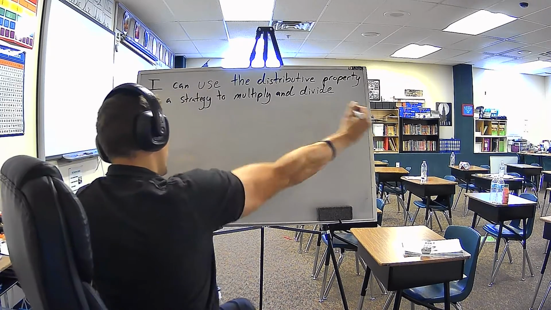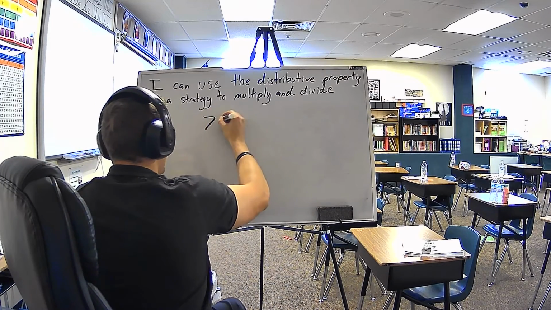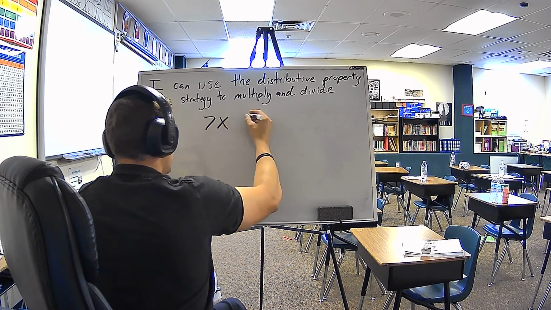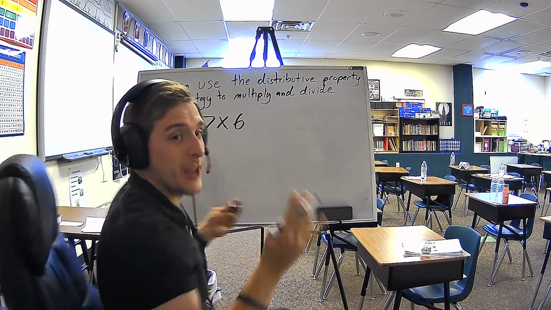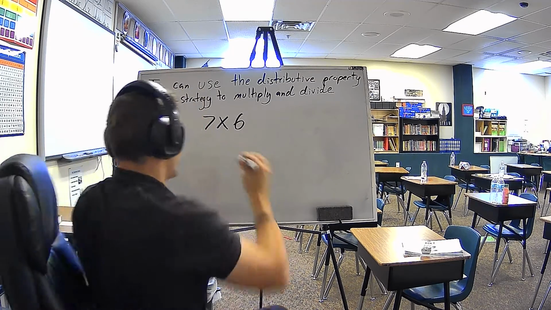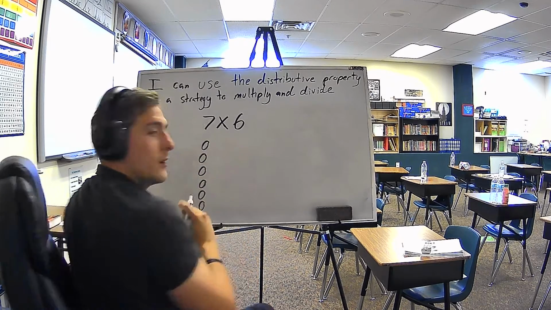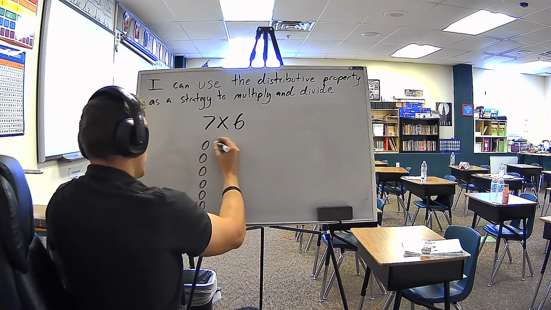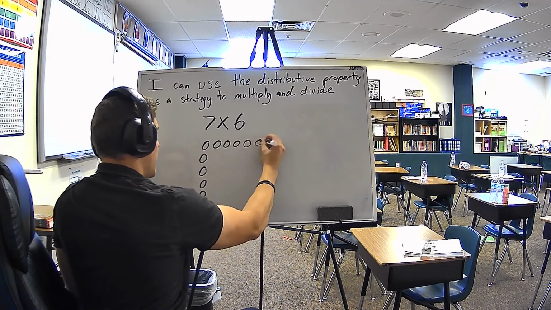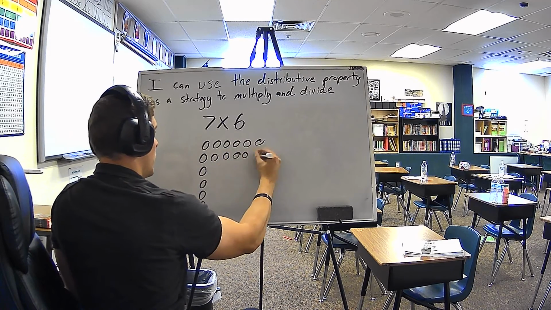So let's say we had 7 times 6. I'm going to draw this out. We have 7 groups, so 1, 2, 3, 4, 5, 6, 7, and there's 6 in each group. So 1, 2, 3, 4, 5, 6. And you repeat this all the way across.